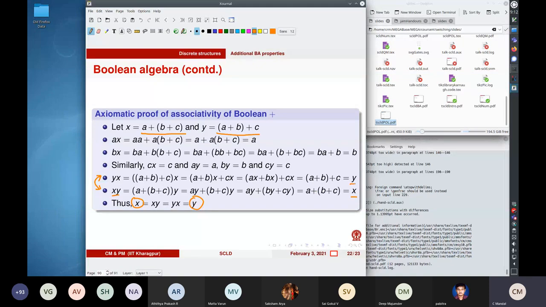So that is essentially what is being established. And in between, you make use of these properties. All right. So this gives you an axiomatic proof of the associativity of Boolean OR.